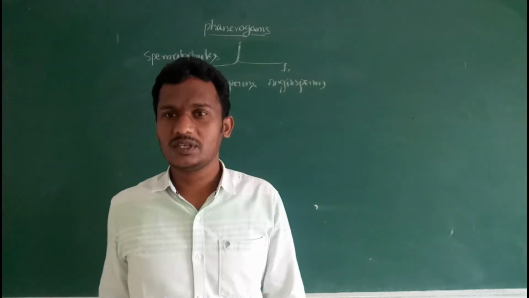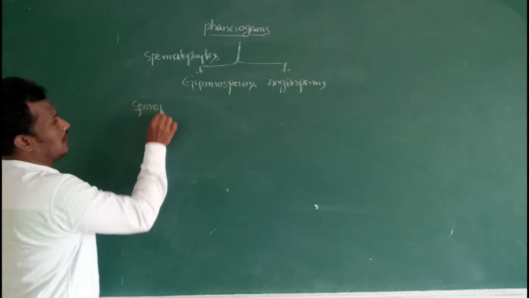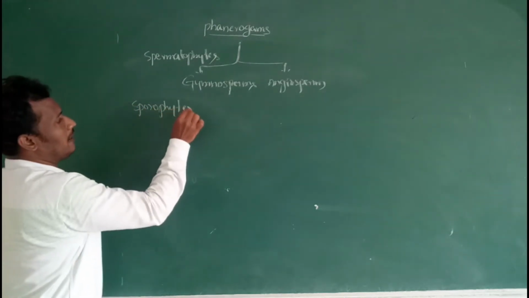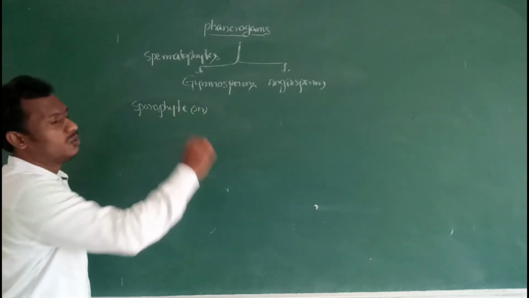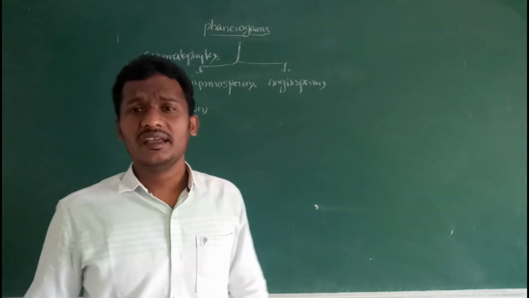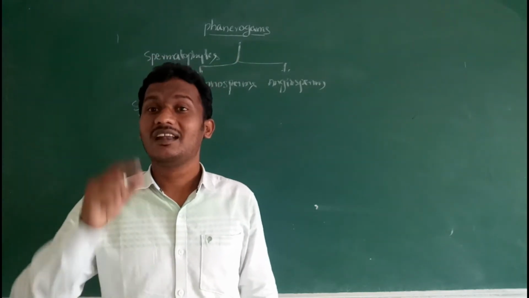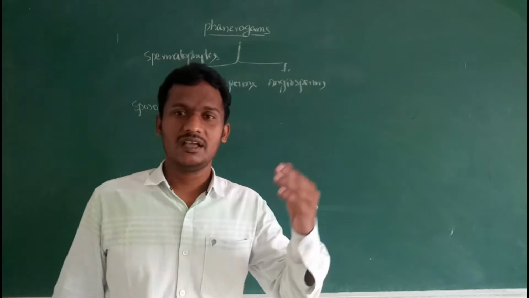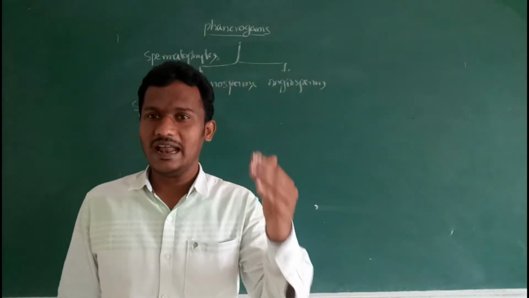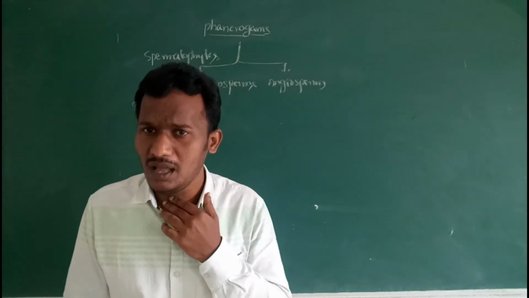In Gymnosperms, the plant body is a sporophyte, that is, diploid. Gymnosperms are the first land vascular seed bearing plants. Pteridophytes are the first land vascular cryptogamic plants, that means non-flowering plants.